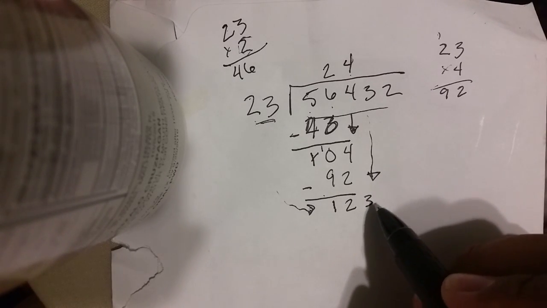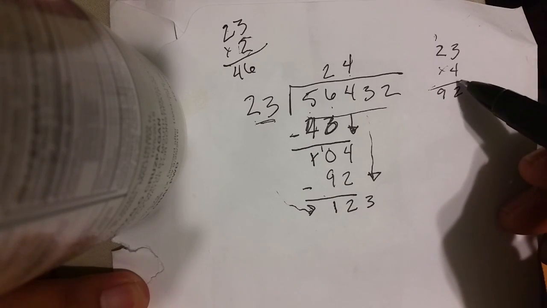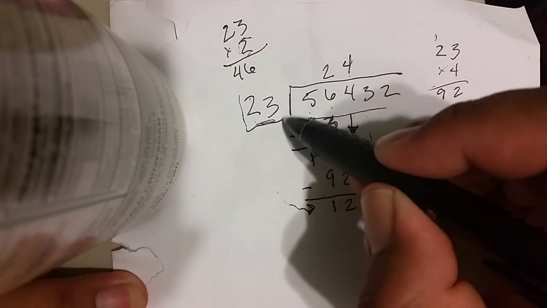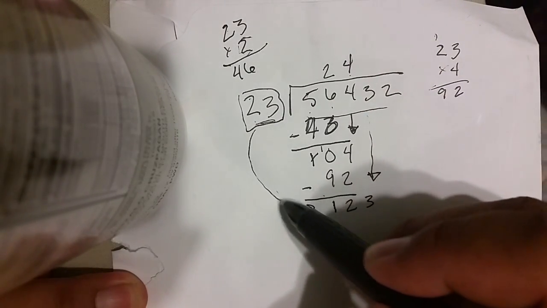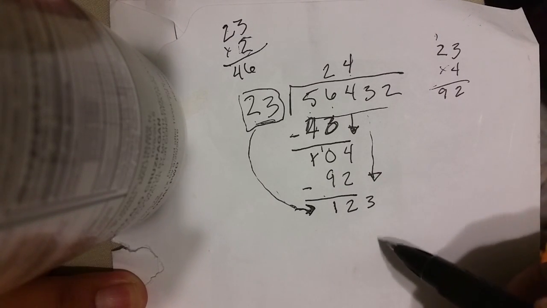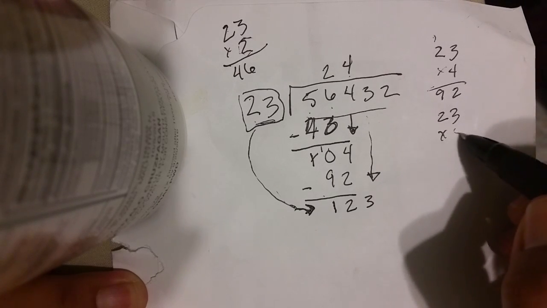So now I got 123. I know already that 23 times 4 equals 92, so I'm trying to see how many times 23 will go into 123 at this point. That's the next one that I'm working with. So let's take 23 times 5.